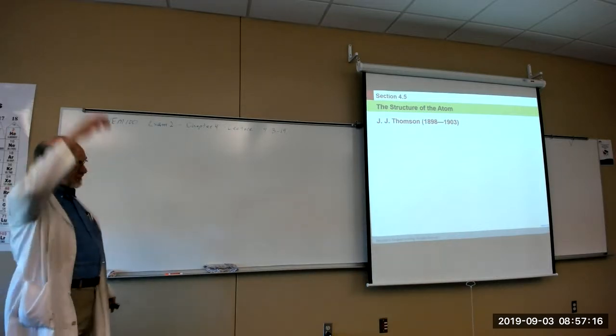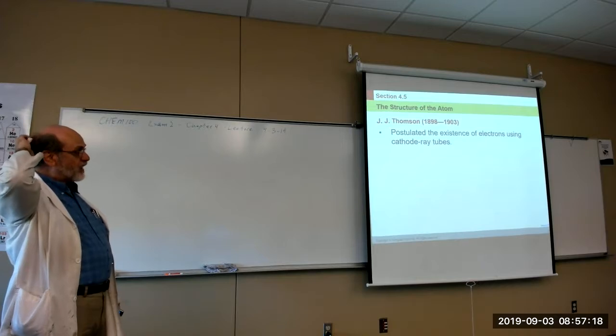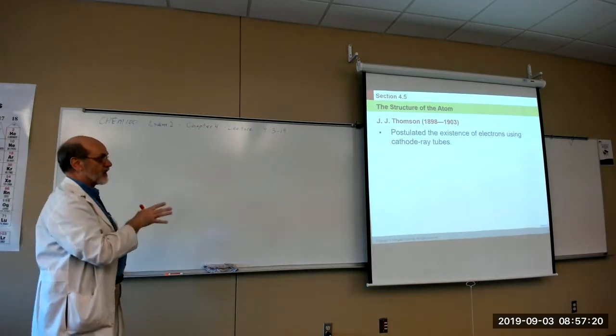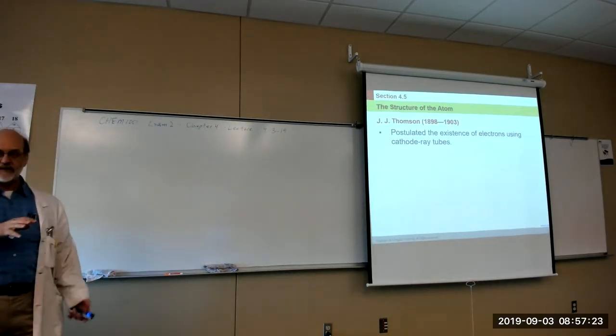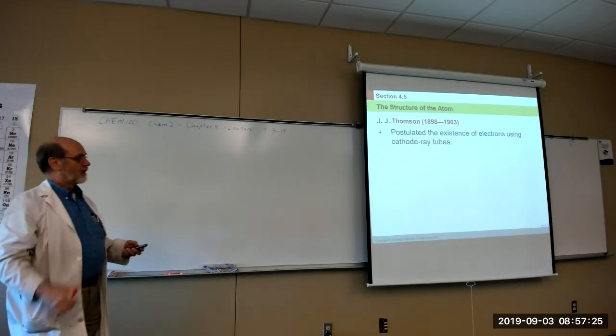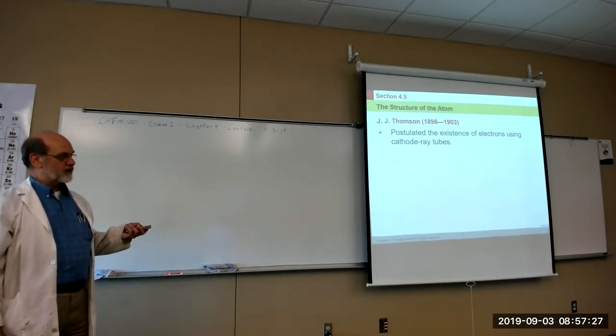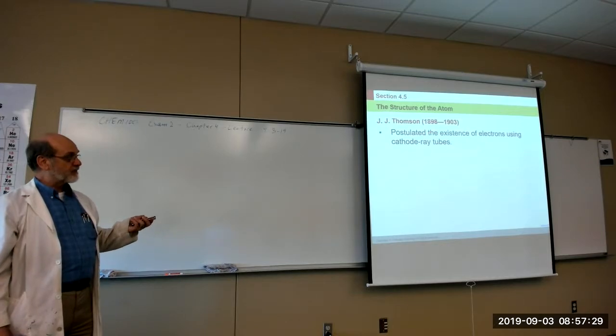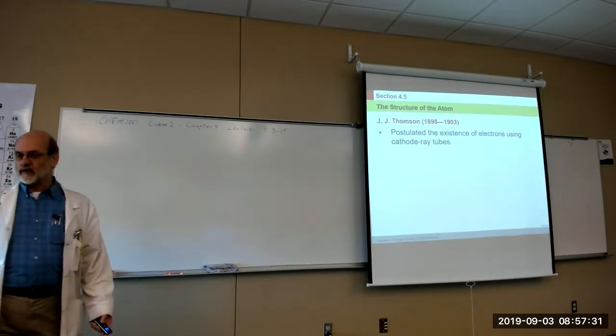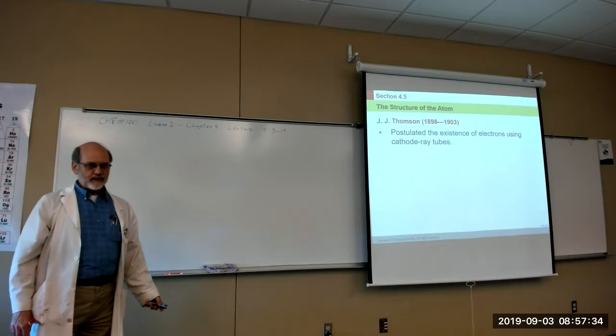J.J. Thomson. J.J. Thomson postulated the existence of electrons, these negatively charged particles, based upon his work with the cathode ray tube. By this time, end of the 19th century, cathode ray tubes were easily produced.